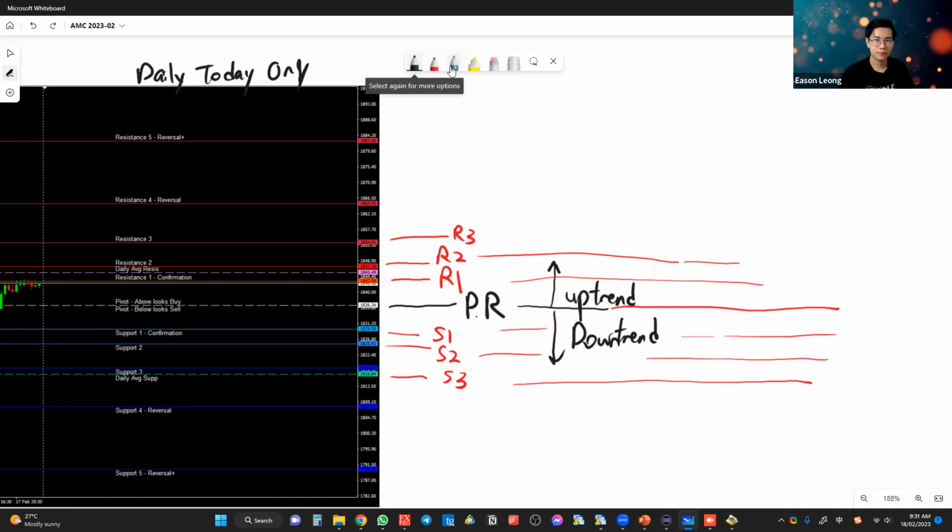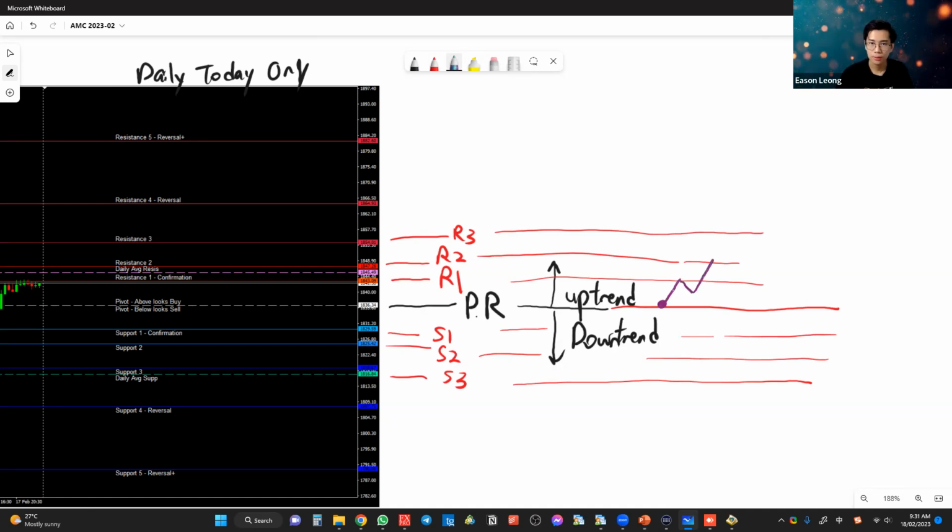For example, if the market goes up, the most logical way for it to go up is from the pivot point, it goes up, then around R1 it will likely have a pullback down. At R2, it will have a pullback down as well. At R3, it will pull back down again. Around R1, R2, R3, it will have a pullback down.